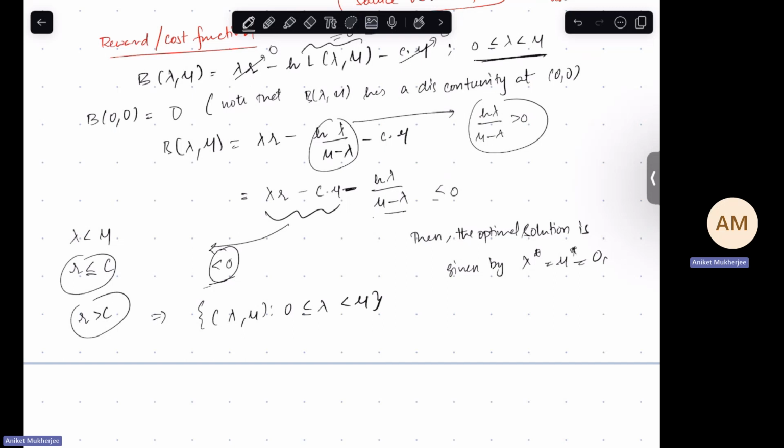Since this whole set contains pairs of (lambda, mu) for which B(lambda, mu) is greater than 0, and B(lambda, mu) is continuously differentiable over this region because we have eliminated the (0,0) point.